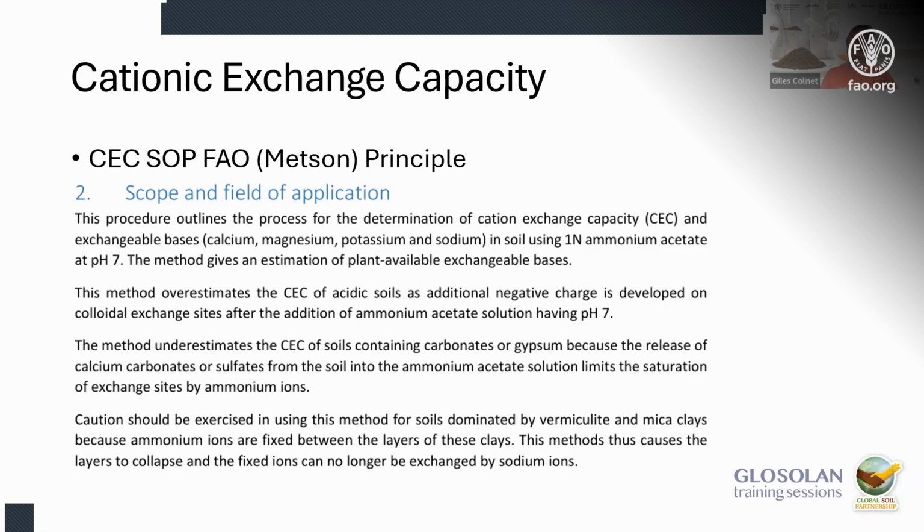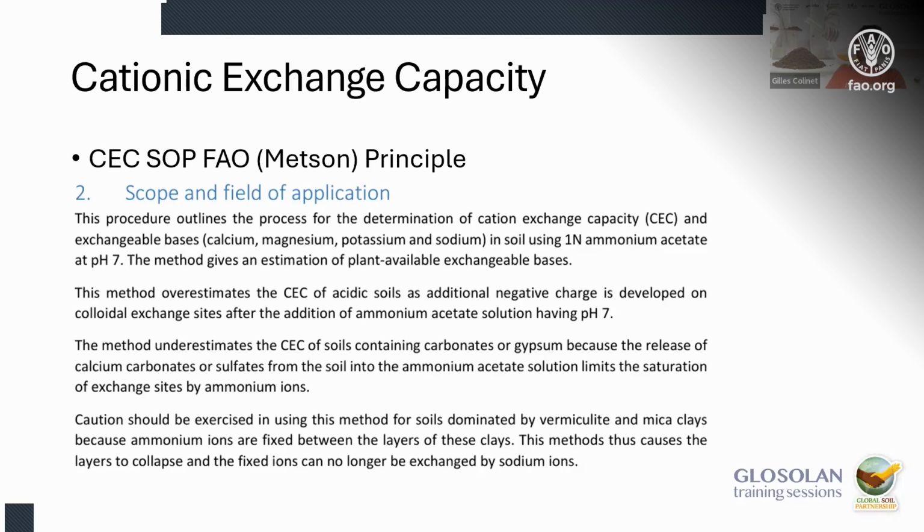They will replace it, and it means that you have in the solution the calcium, the magnesium, the potassium, and the sodium that was on the exchange complex, and you can measure them separately. After, you will try to determine how much ammonium you have put on the exchange complex. And for that, you will have to remove it from the soil and to measure it.